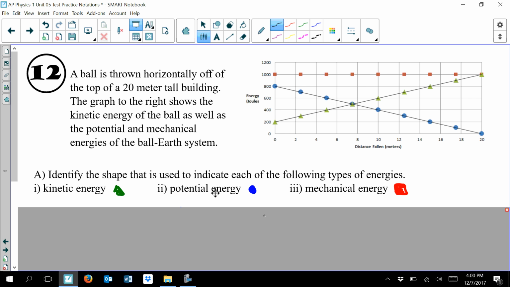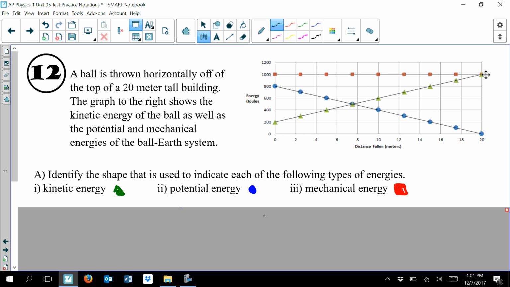And we start with potential energy because we're at the top of a building, but then it ends up on the ground, indicating to me that this blue dot is going to be our potential energy. We start with some and end with none. And for kinetic energy, we still do start with some. So we have this sort of upshifted graph because it was thrown horizontally. We gave it some initial velocity.